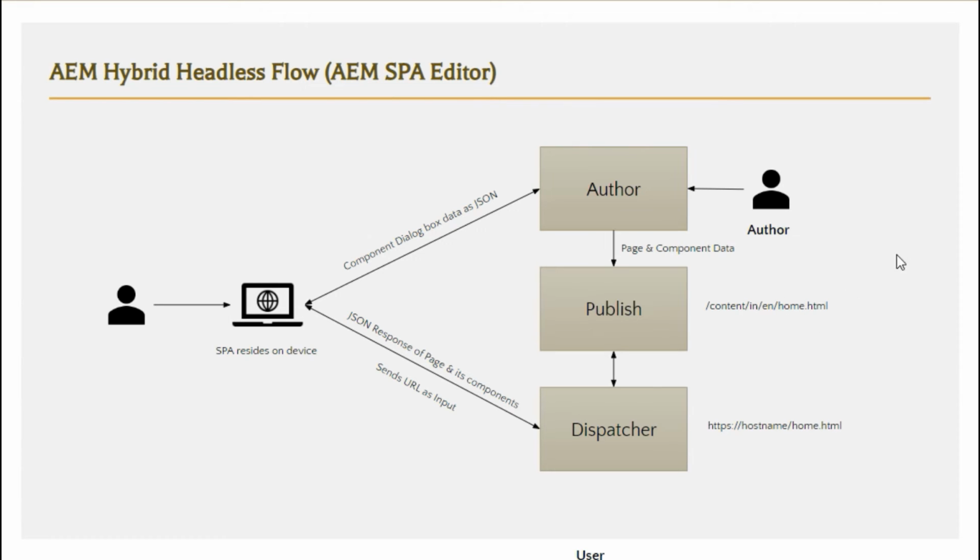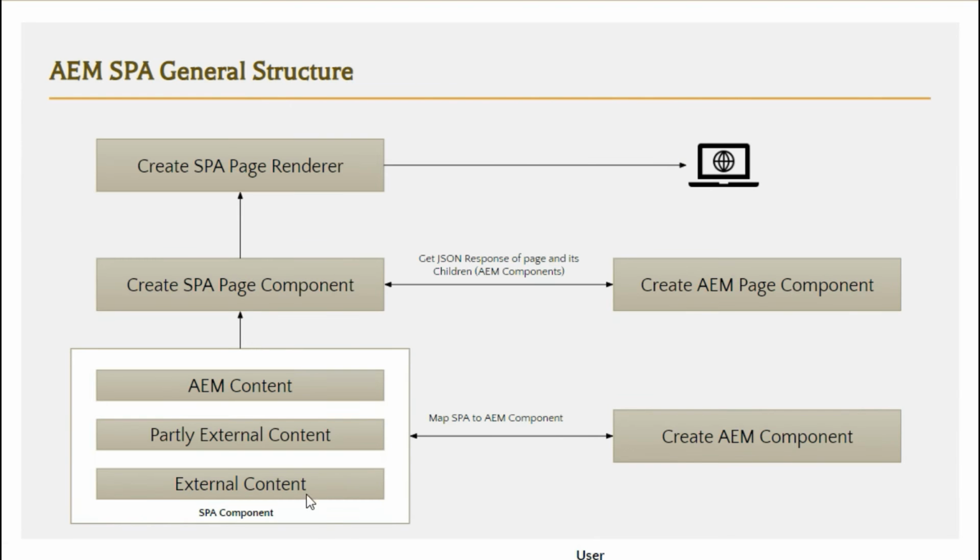That's how that commerce component's Sling resource type will be sent on to this SPA application, and that Sling resource type will be mapped to the SPA component, which is completely dependent on the commerce APIs. So whether we have any content dependency on AEM or not, for each single page application component, we need to create an AEM component. Okay, so this is how it works.